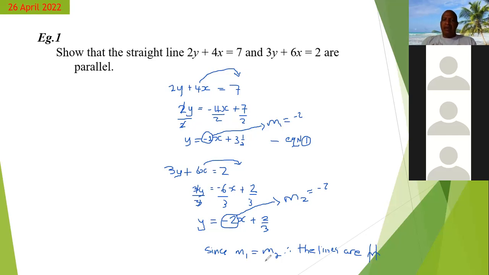Maybe as well, they could give you the equation of one line, and they could tell you that there's a parallel line, and they give you a point for the parallel line. And now they may want you to find the equation of the other line.